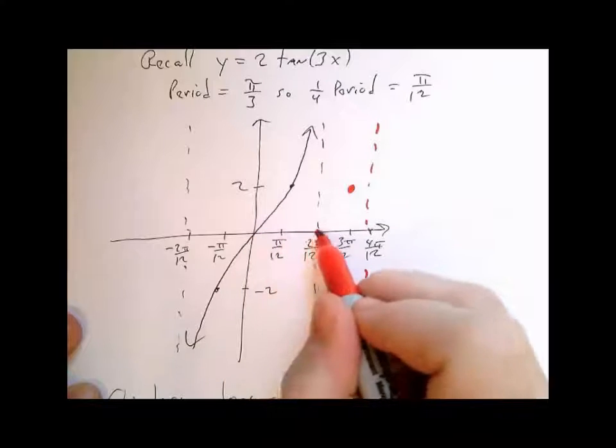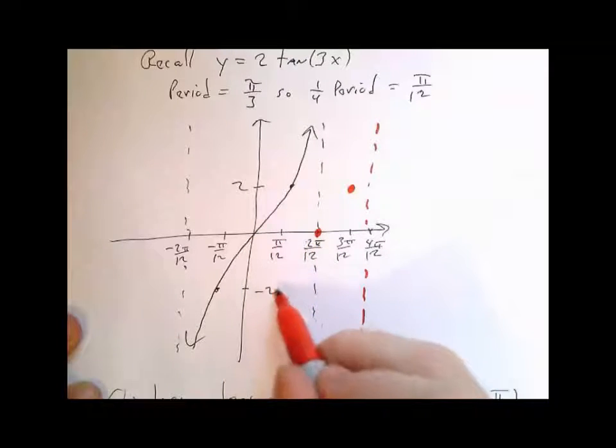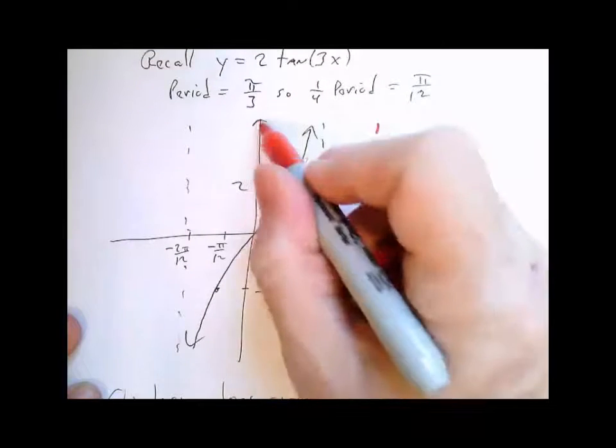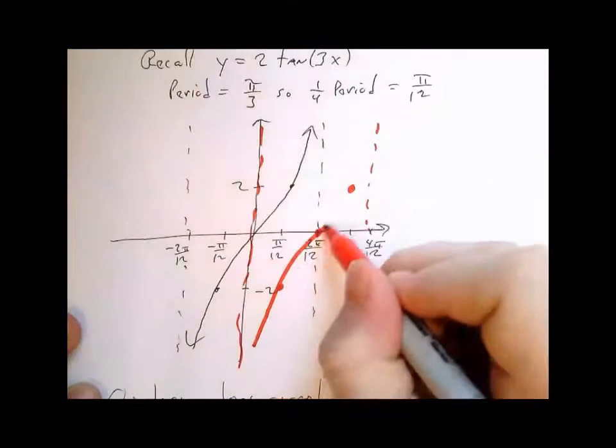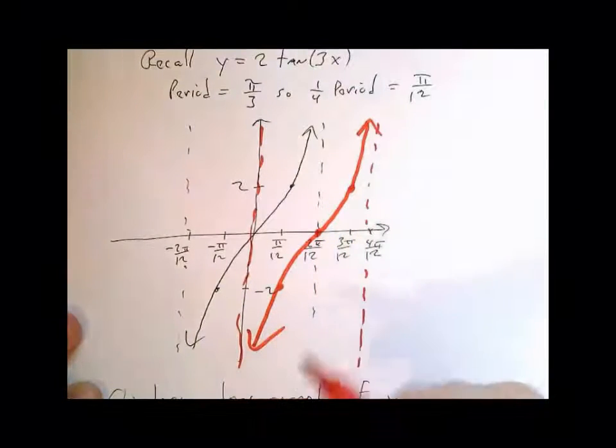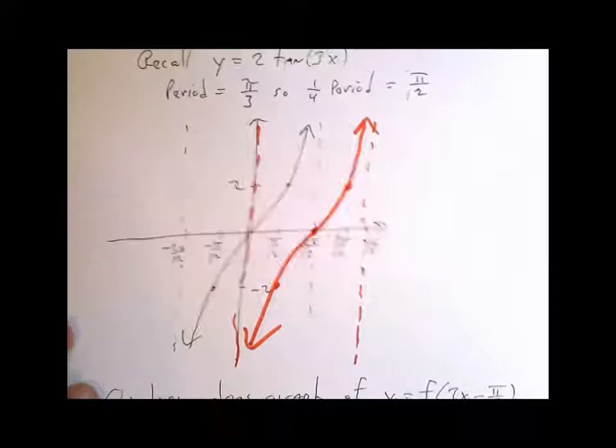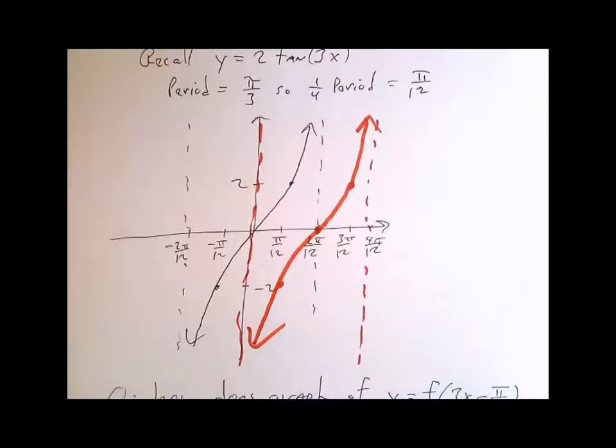This point here is going to be here. This point here now is going to be here. My left asymptote is going to be the y-axis, so I have something like that. I've shifted all my units over pi over 6 to the right.